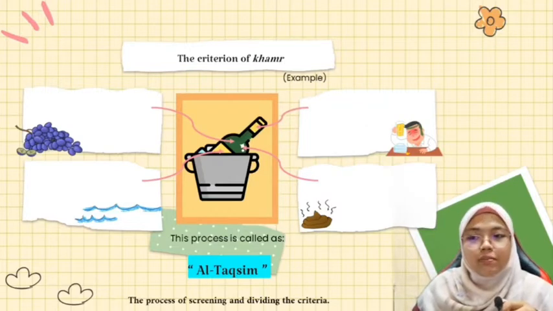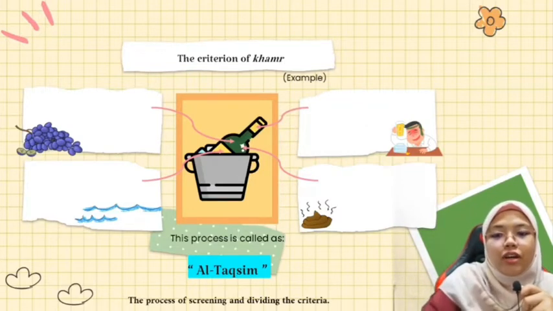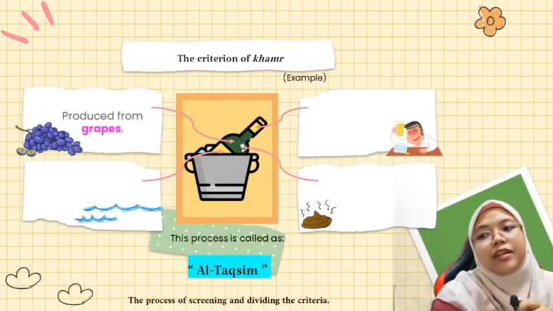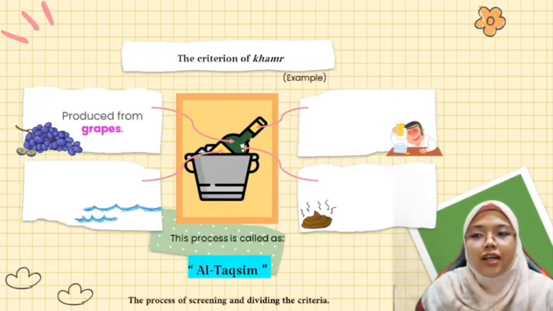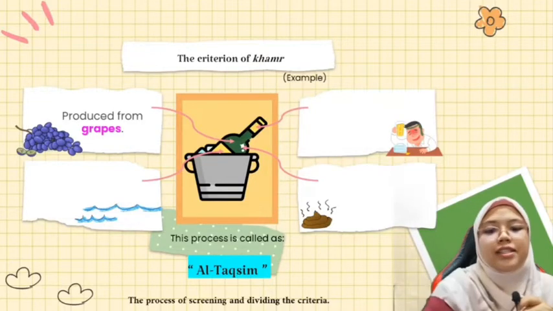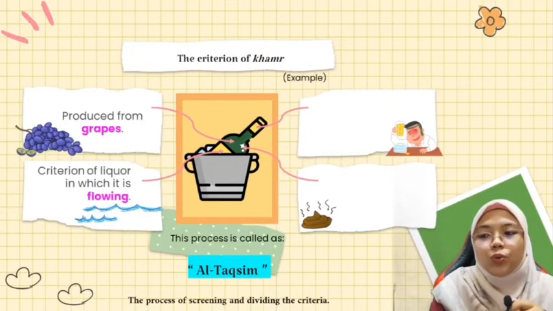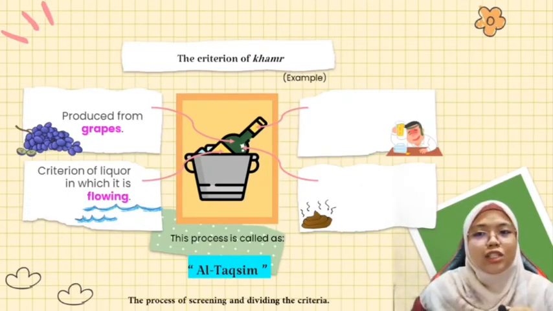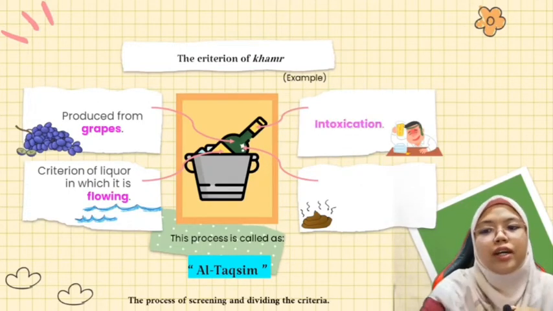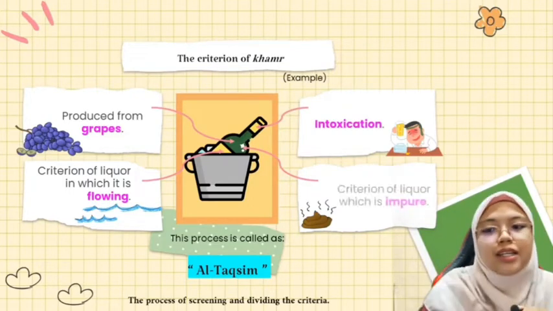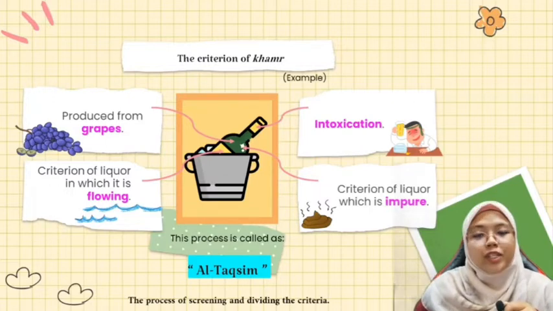For example, the criteria of al-khamr: the first one is that it is produced from grapes. Second, the liquor in the khamr is flowing. The third one is intoxication. And the last one is the impurity of liquor, which is impure.